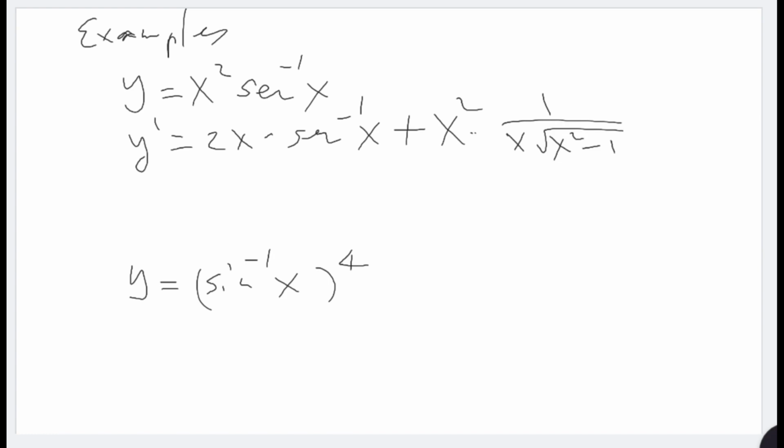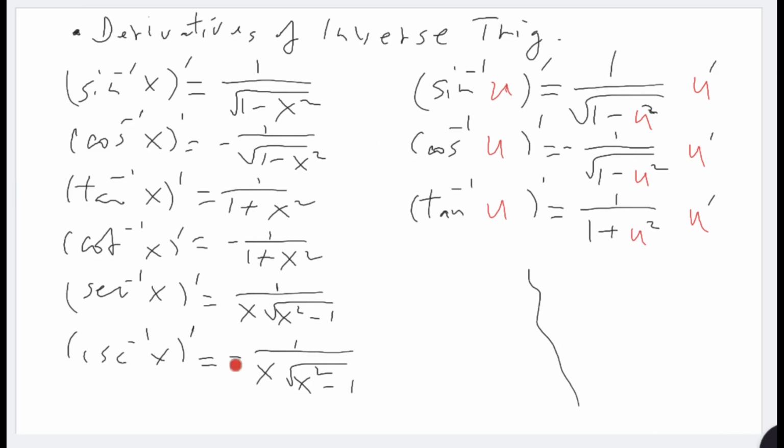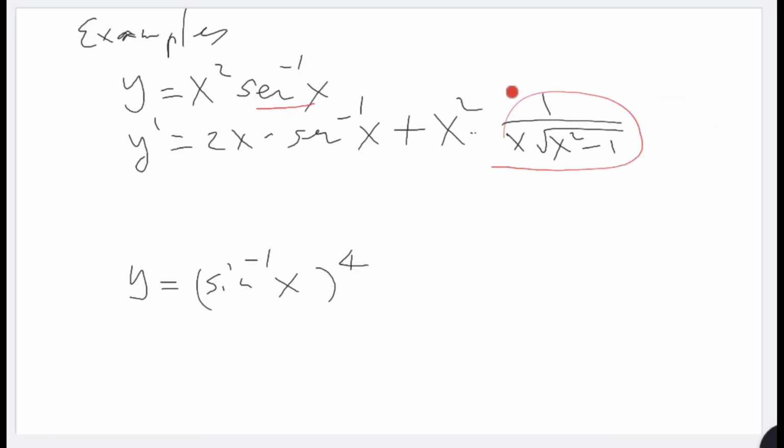So this is the new part. Let's check our formula. Derivative of inverse secant is 1 over x square root of x squared minus 1. That's what we got here.